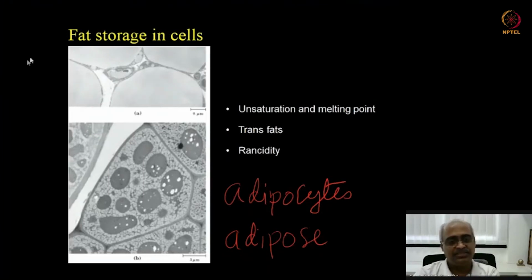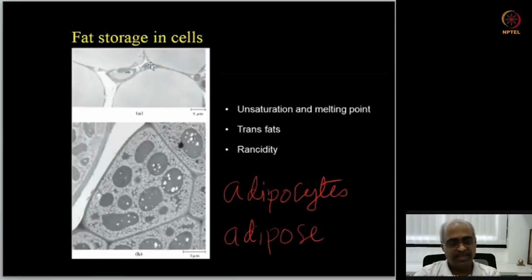This is a cross section of four adjacent adipocytes. Here the cytoplasm is actually pushed to the edge. This clear area is all triacylglycerol, fat filled structures. Here you see a little bit of blood capillary, but the primary structure here is the fat.